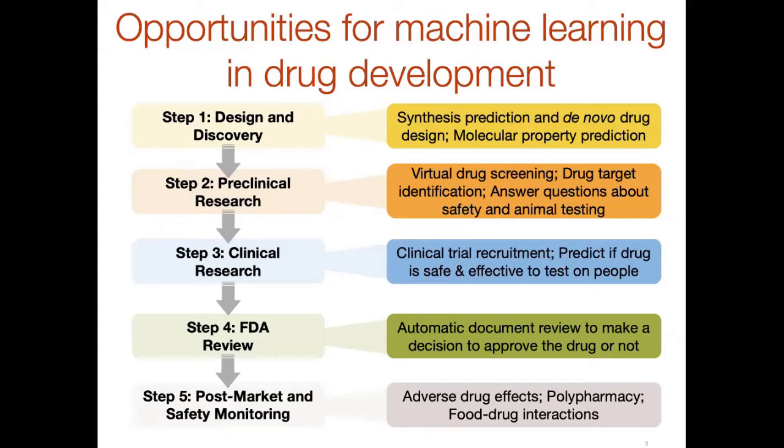In the second step, preclinical research, methods exist that can help drug developers with virtual drug screening, drug target identification, and answering various questions about safety and animal testing. Then going to clinical research, certainly an important question relates to clinical trial recruitment, and predicting whether drugs can be safe and effective on humans.